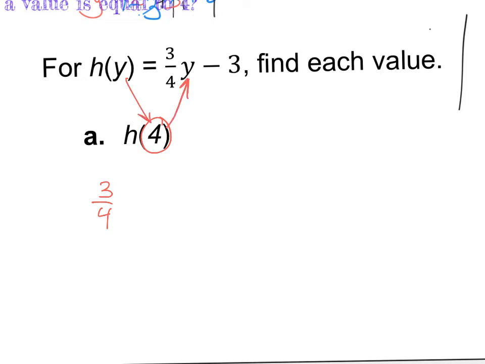So then it's 3/4 times 4, because that's what y is, minus 3. And 3/4 times 4, 4 divided by 4 is 1. You get 3 minus 3, which equals 0. So that means that when y is equal to 4, you plug it in, and you get that it's equal to 0.